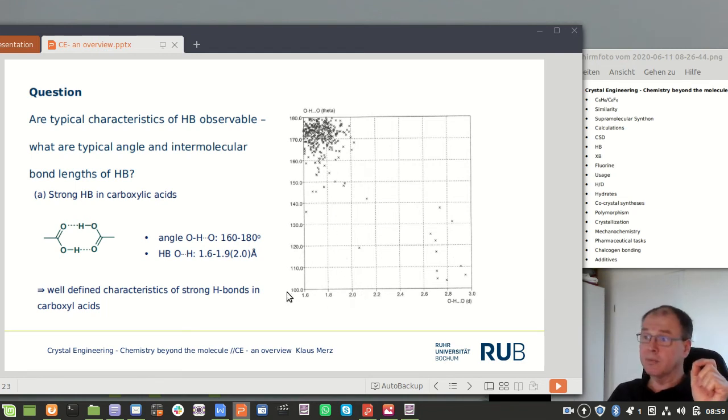See it here, around 1.6 to 1.8 or 2, whatever you want. So this database is really helpful for each person who is interested in crystal structures, to help to understand the behavior in the solid state.